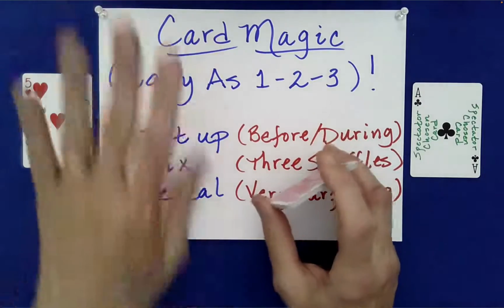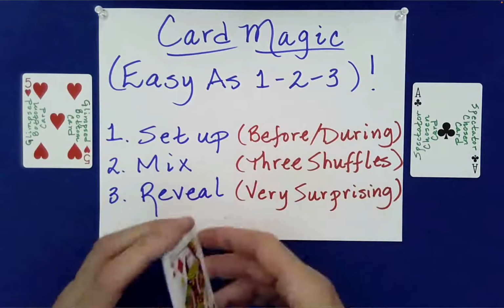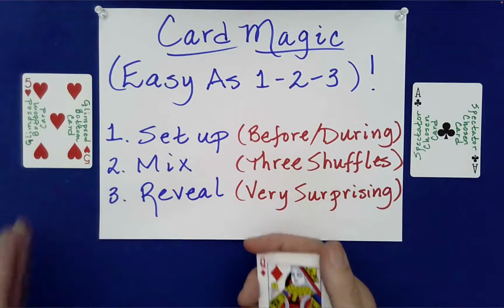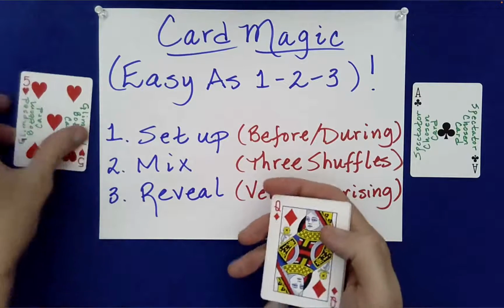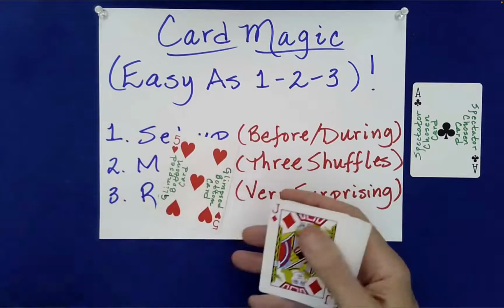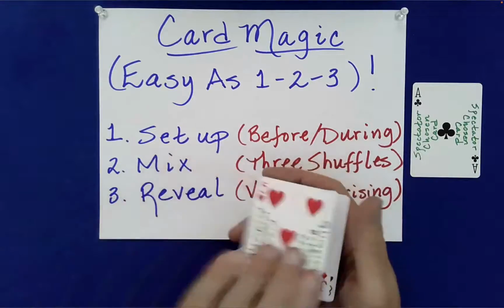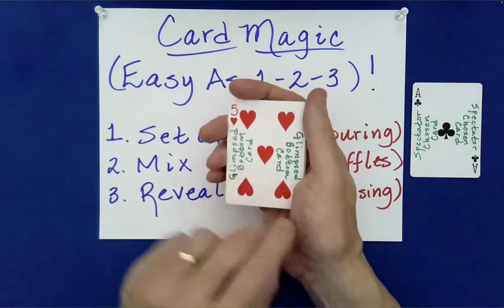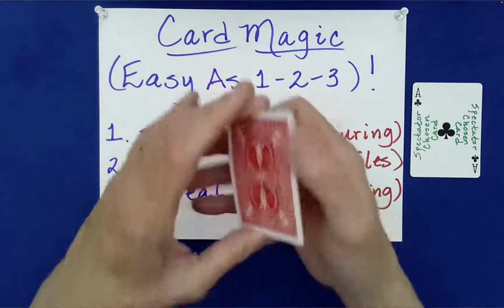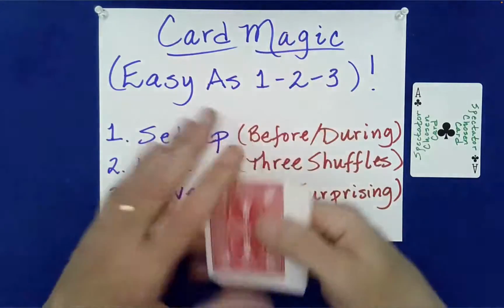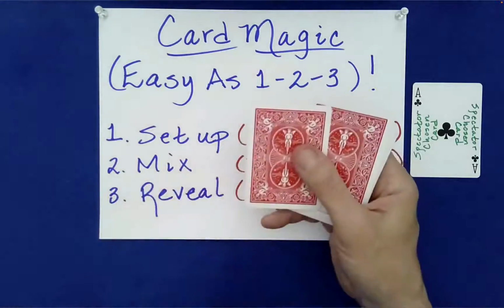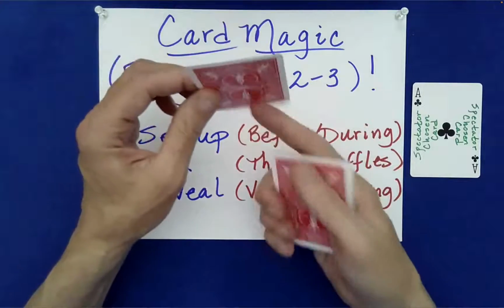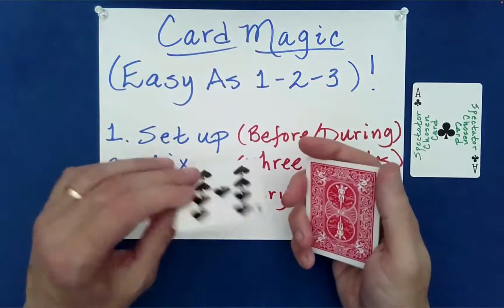Now, because I don't have a spectator here, so that you can see that this in fact works, we're going to replace the Queen of Diamonds with the 5 of Hearts, on which I've clearly written glimpse bottom card. Now, once you've glimpsed the bottom card, you show the spectator the identity of the top card without you seeing it.